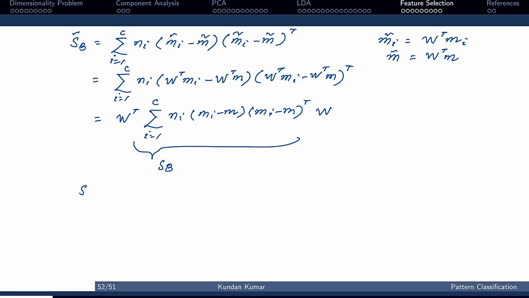So S_B tilde equals W transpose S_B W. So we derived these two terms.